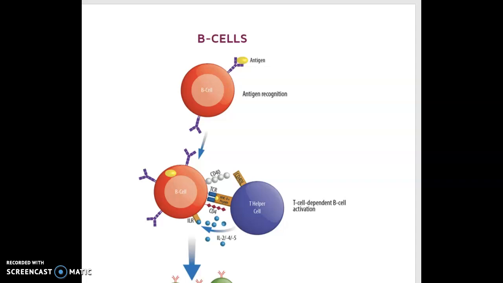So when something foreign comes into our body, our white blood cells can detect that. And we have a number of kinds of lymphocytes. We're going to focus on the B lymphocytes, called B cells for short, the ones that grew primarily in the bone.